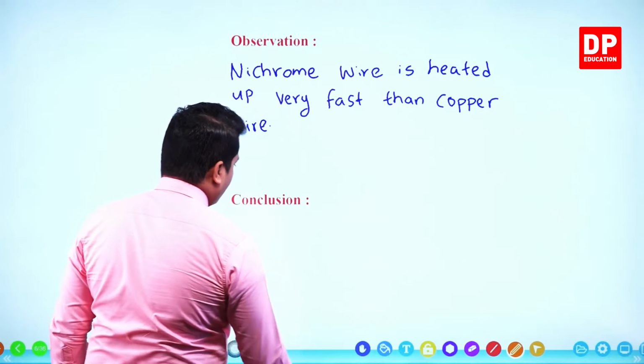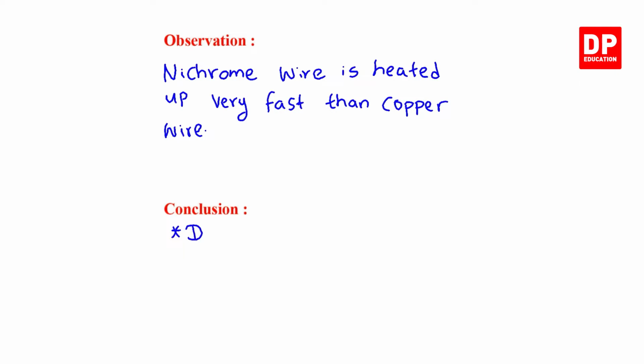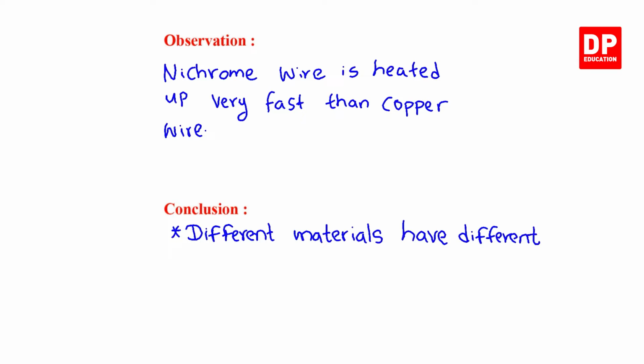So we can say that finally, different materials have different heating effects when passing electricity.